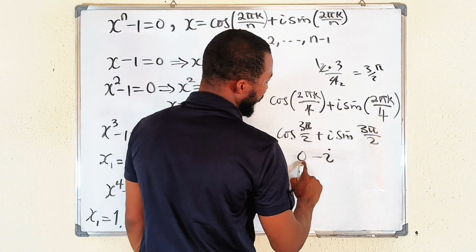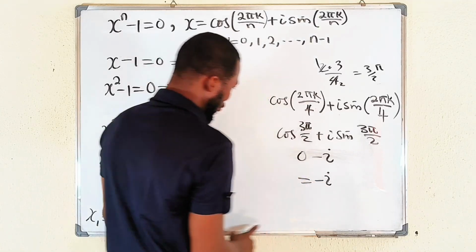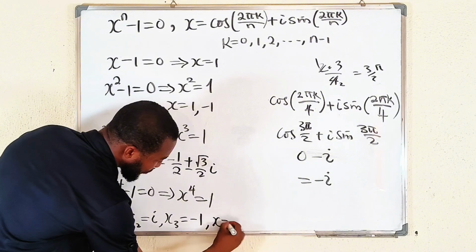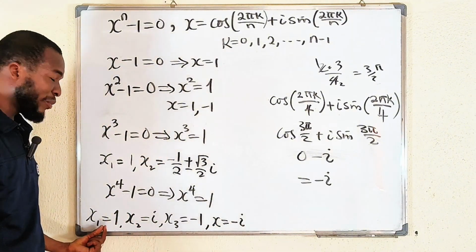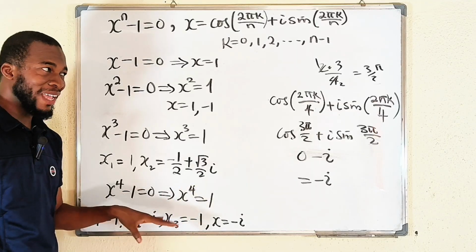So you are subtracting I from 0. This is going to give you -I, which is the conjugate of this one. So x4 is -I. So you can say that x can be plus or minus 1, plus or minus I.